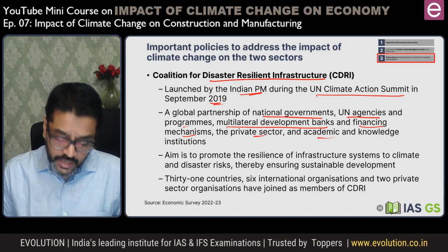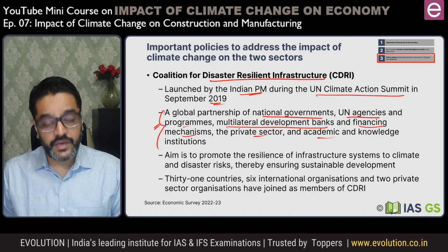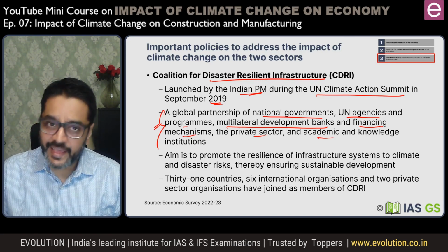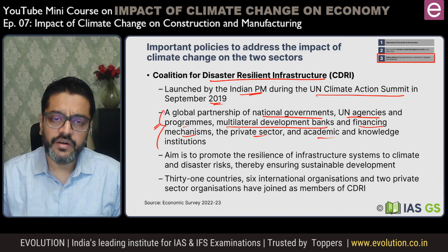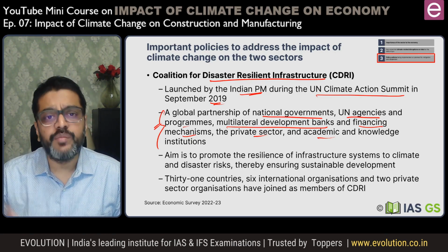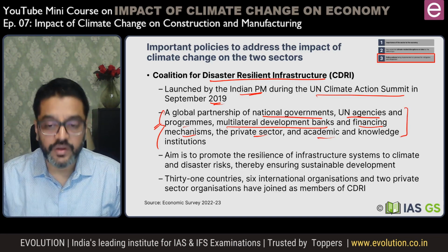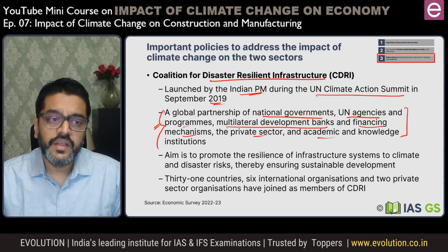So all stakeholders who are interested in promoting a better future, and ensuring that infrastructure can have a lower footprint on global emissions, and be more resilient or strong in resisting the impact, are basically invited to partner in this coalition, right?